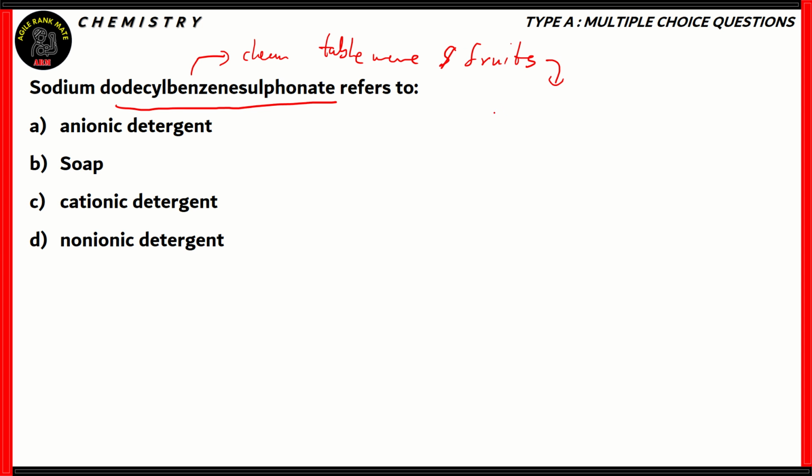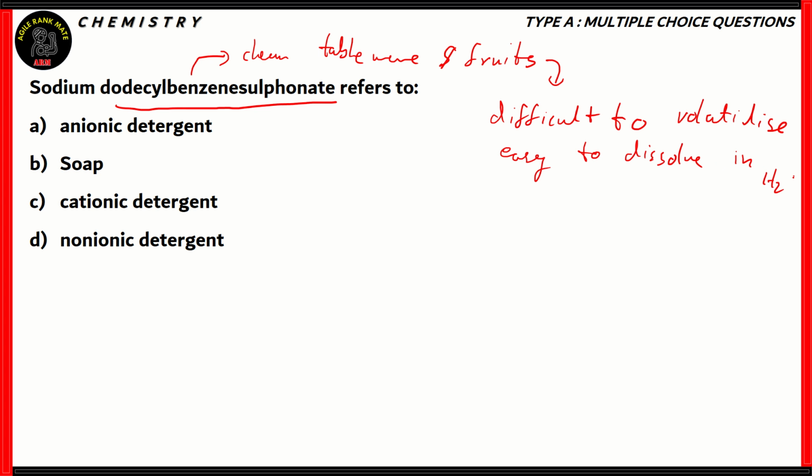And some properties that it has are: it's difficult to volatilize, it's easy to dissolve in water, and it has stable hard water properties in acid and alkali.